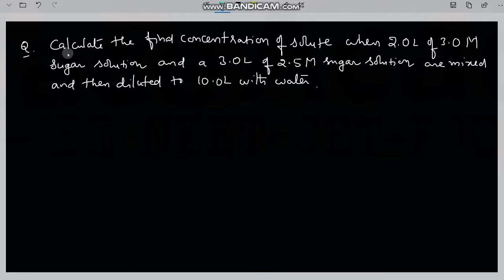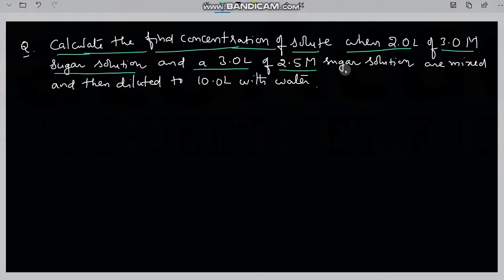Let us see the problem. Calculate the final concentration of solute when 2.0 liters of 3.0 molar sugar solution and 3.0 liters of 2.5 molar sugar solution are mixed and then diluted to 10.0 liters with water. So it is a mixed solution.